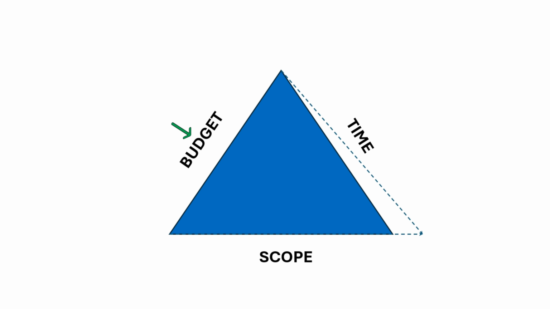Another possibility: with a given timeline, if scope was increased, in order to deliver this project you need to increase your budget. Now the third option, which would be the relationship and trade-off between budget and time, is not very straightforward and it's not always working well, but I will come back to that later.